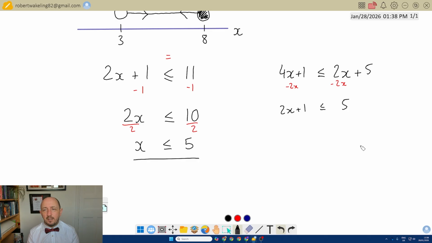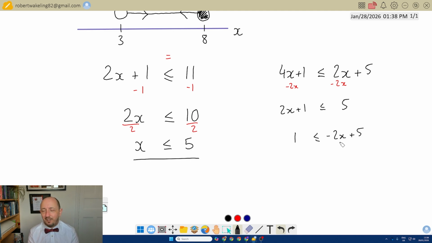Okay. If you were a bit crazy, you might subtract 4x from both sides, and you would have 1 less than or equal to negative 2x plus 5. Like, I don't know any student that would do this.